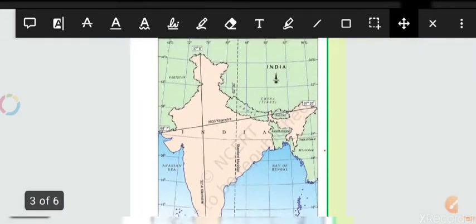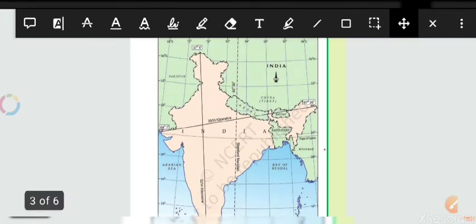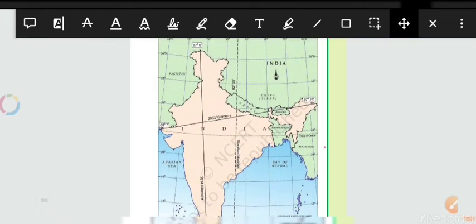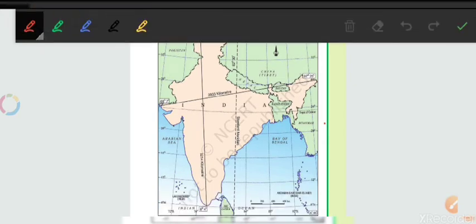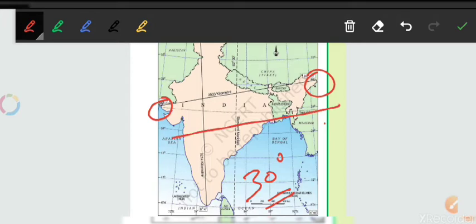From this map you can easily see that from this point to this point the extent is approximately 30 degrees, so there is approximately a 2 hour difference between the time of Gujarat and the time of Arunachal Pradesh.